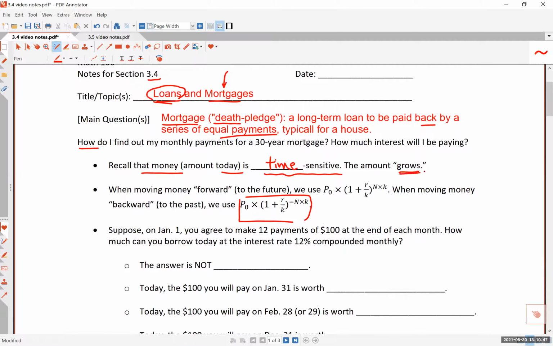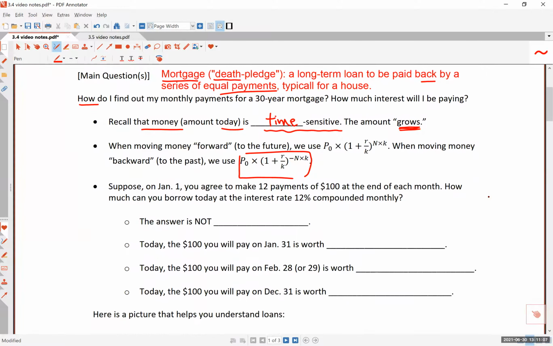Money grows, not just because you can put it in an account, but because people can invest the money that you deposit into a bank and so on. So money inherently has that money-making, reproducing power, and because of that, money is time sensitive, and that's where we have the saying, time is money.